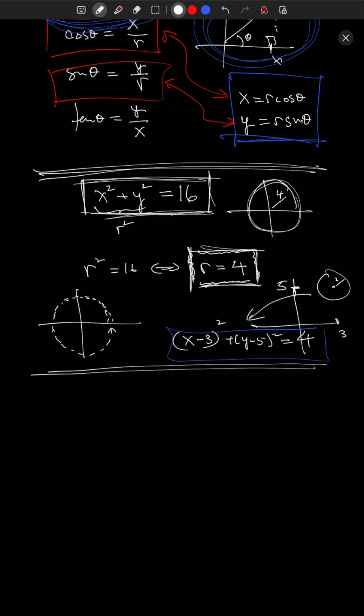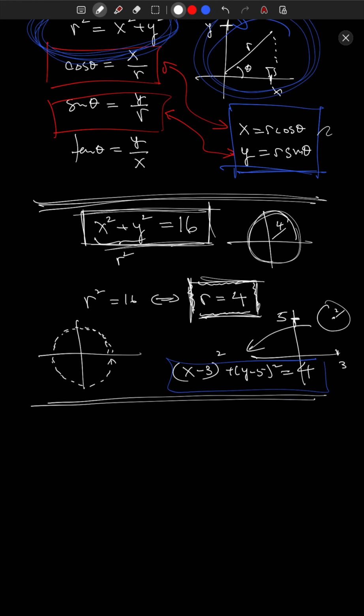So if I convert this to polar coordinates, up here we have x equals r cos theta, y equals r sine theta, and you just use that. So the x minus 3 becomes r cos theta minus 3, whole thing squared. And then the y becomes r sine theta minus 5, whole thing squared, equals 4.